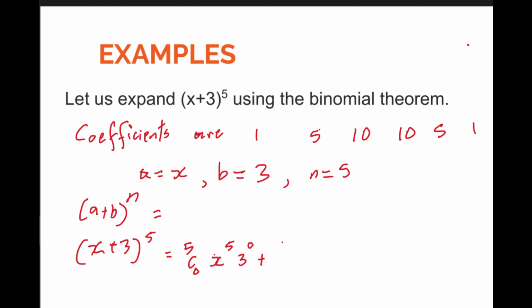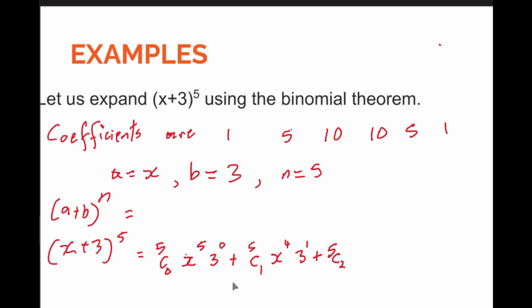Then we're going to do 5 choose 1, and so that would be x, decreasing in the first one, so that's going to give 4. Notice it goes from 5 to 4, and then the next term will be increasing, so it goes from 0 to 1. We're writing all the exponents in order. And then plus, we're going to do 5 choose 2.